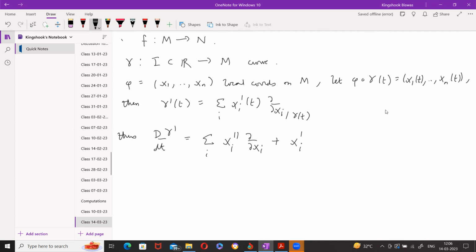But del del xi is a section of the tangent bundle on an open set in M. So when I restrict that to the curve and take the covariant derivative along the curve, by compatibility of the covariant derivative with the connection, this is just nabla sub gamma prime of del del xi, right? Fine.